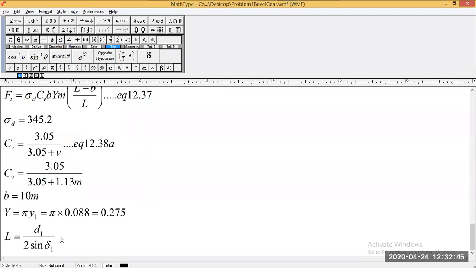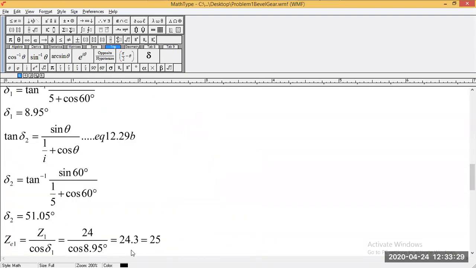Let's substitute these values here. D1 we can write again as m Z1. Since we don't know the diameter, we're writing in terms of m and Z, over 2 sine delta 1. Now let's substitute. Z1 is 24, so 24 over 2 sine delta 1.